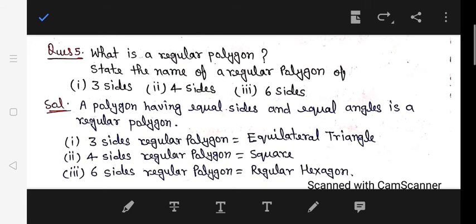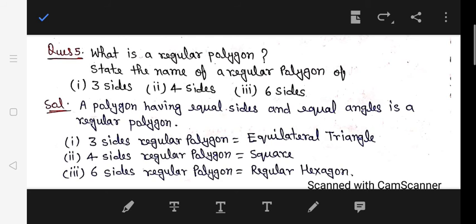Now what will be the name of a regular polygon having 3 sides? A polygon having 3 sides is called a triangle. And the regular polygon having 3 sides will be the equilateral triangle. In an equilateral triangle all 3 sides are equal, and all 3 angles are of equal measure, that is 60 degrees.